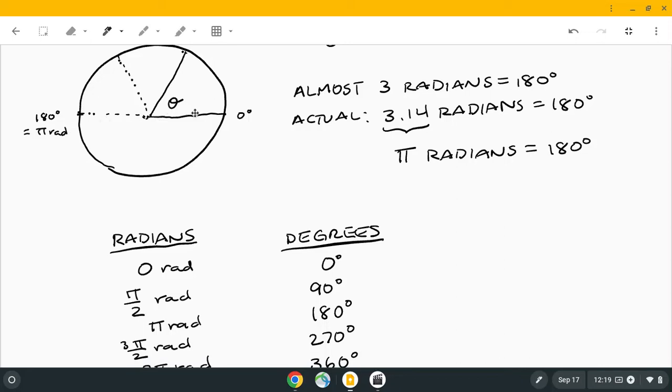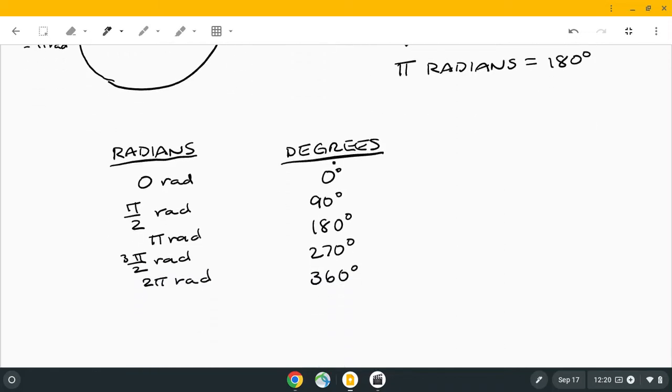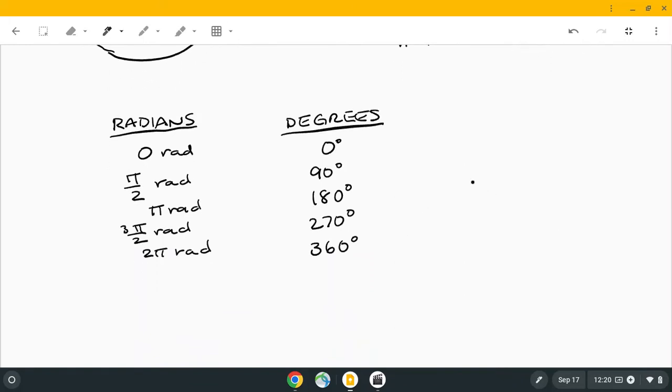So 0, pi over 2, pi, 3 pi over 2, and 2 pi. That's how we got these.